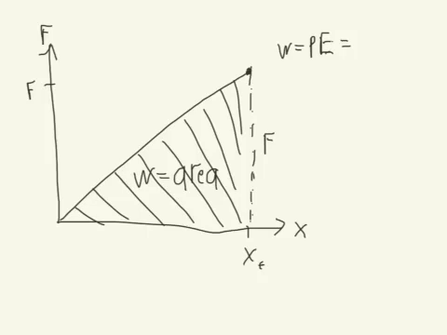We know this side has a length of F, that force it takes to maximally displace the spring. And then this side is XF, that maximum value of the displacement. And the area of a right triangle is half times one side times the other.